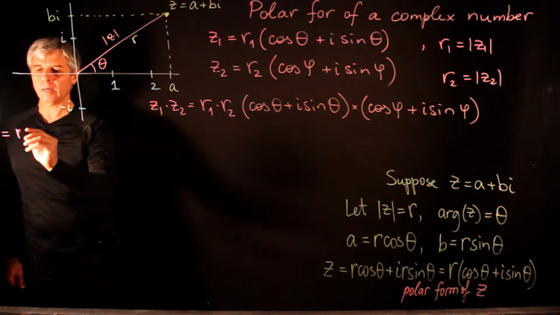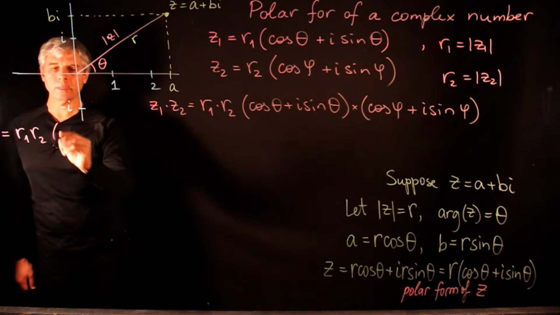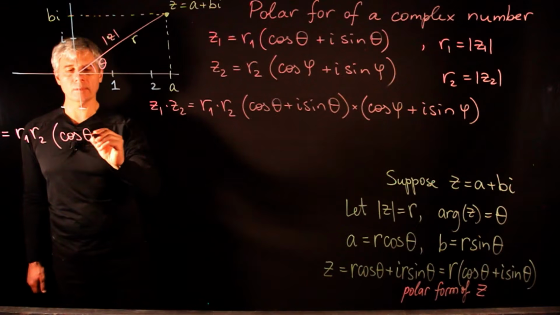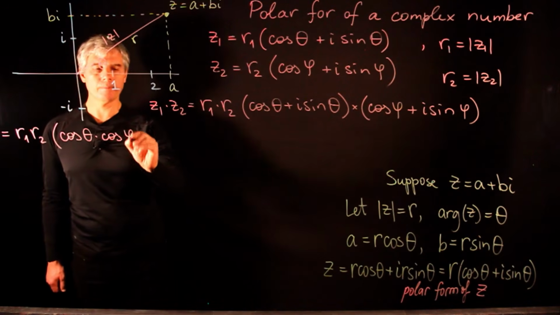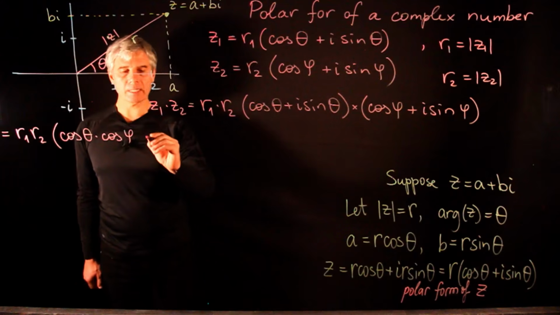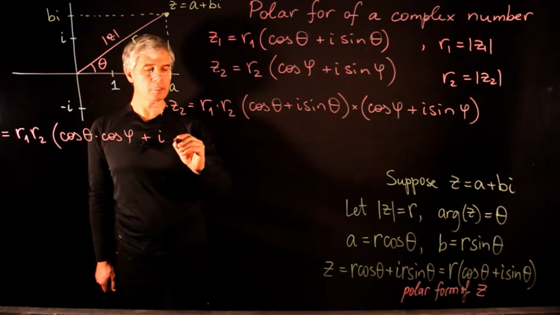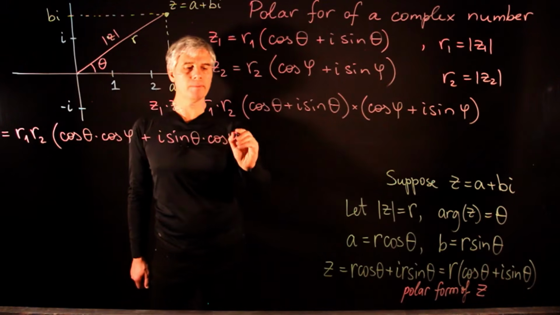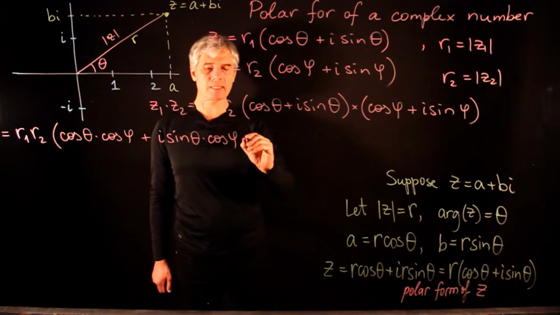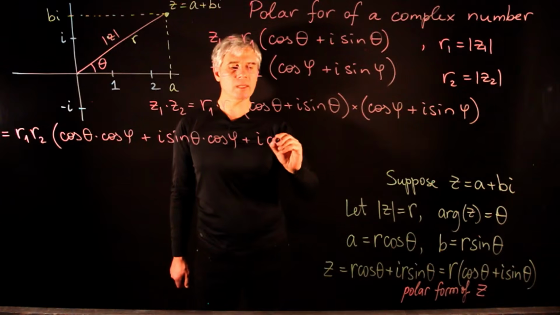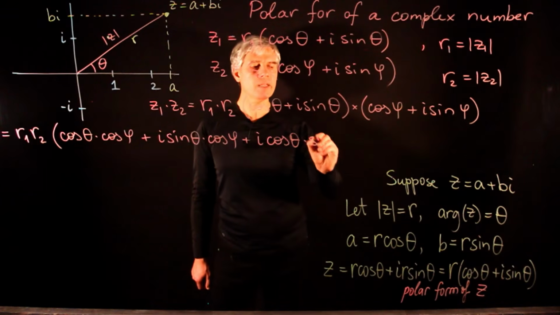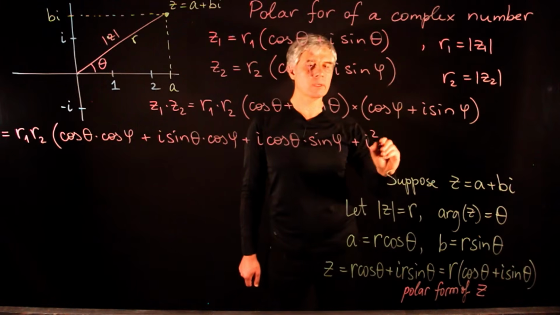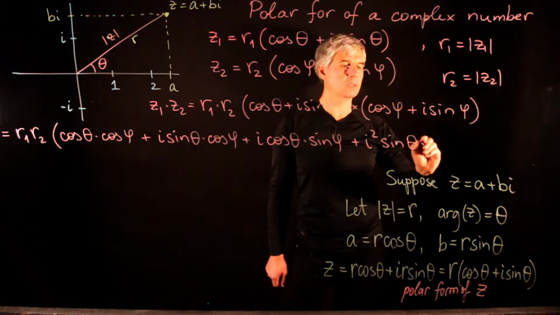This equals r1 times r2 times, so let's expand this product. We have cos theta times cos phi plus i sine theta times cos phi plus i cos theta times sine phi, and plus i squared sine theta times sine phi.